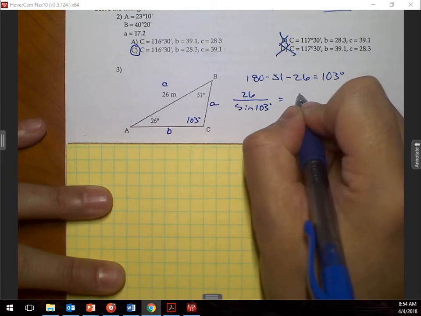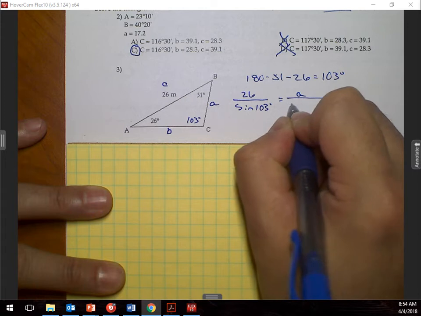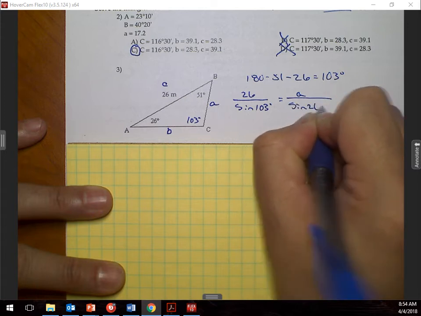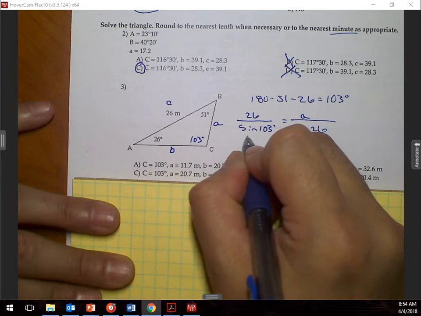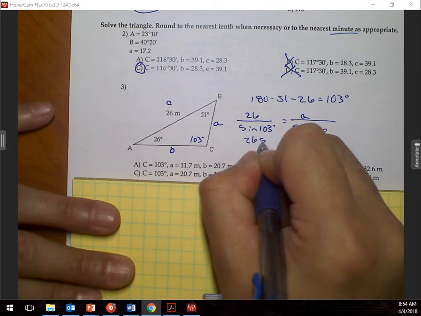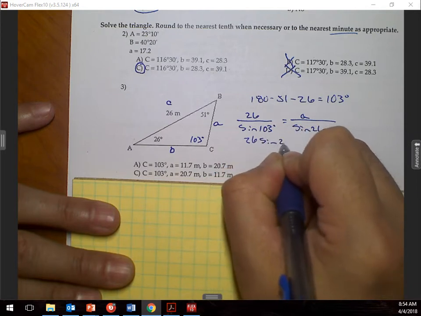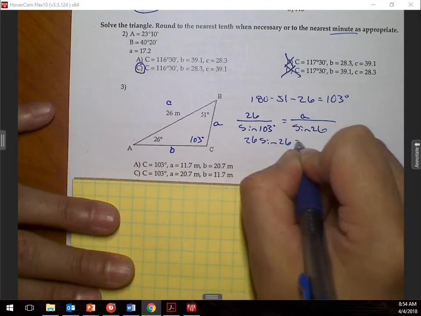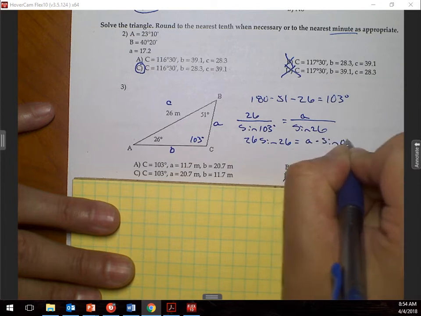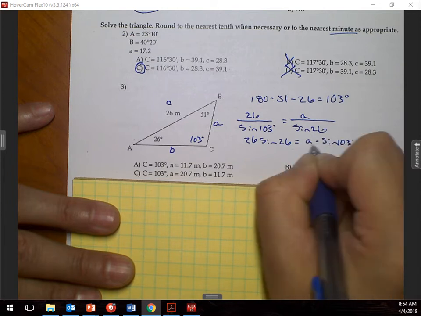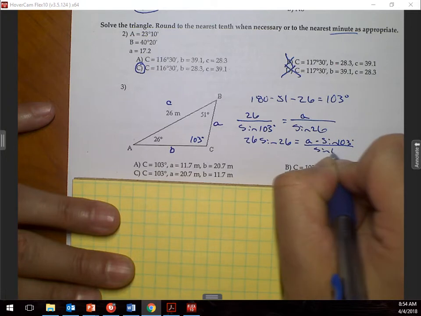So I'm going to have that A over sine 26. And then let's go through cross products. So A times sine of 103 equals 26 times sine 26, divided by sine 103.